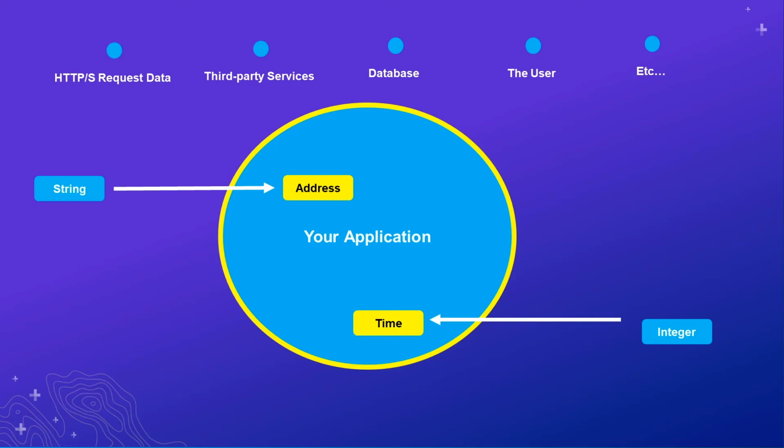So when you validate, you have to make sure that that outside data is actually what it's supposed to be. Is that string actually an address? Does that address exist? Is that integer a time? Maybe you only need a certain time frame. Does it fit within that time frame? These are the different ways that you need to validate the data that's traveling throughout your system.